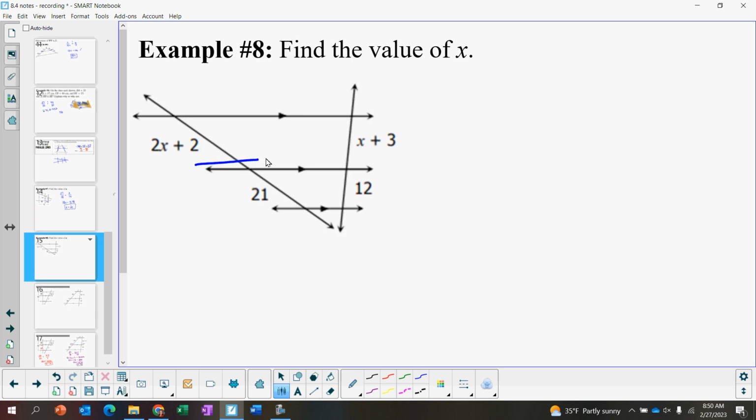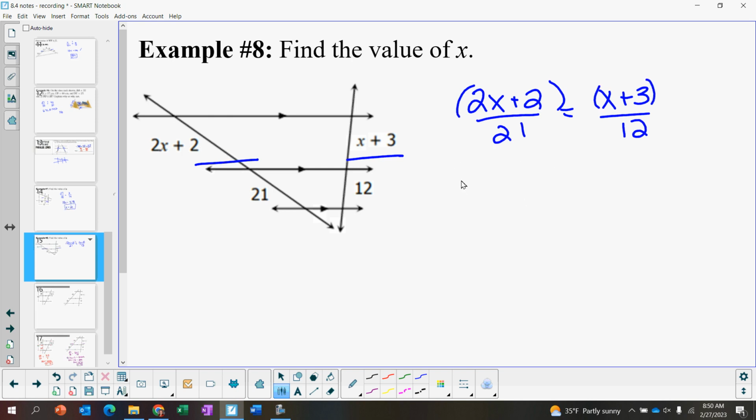All right, my fractions look like they go like this. So 2x plus 2 over 21 equals x plus 3 over 12. Let's stick both of these into nice big parentheses. So 12 times 2x plus 2 equals 21 times x plus 3.